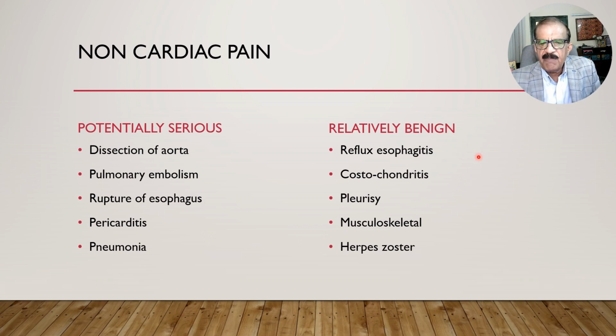A relatively benign condition like reflux esophagitis, costochondritis, pleurisy, musculoskeletal pain, herpes zoster, I think if ECG is negative and if the troponins are negative, and other tests are negative, then the patient may have just one of these and a painkiller or a reassurance may be enough.